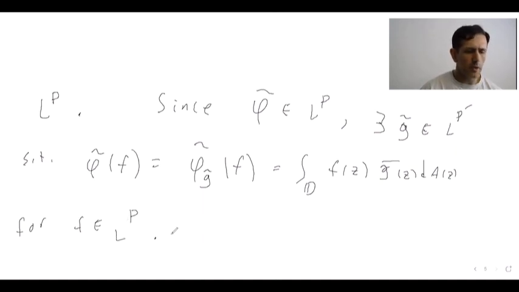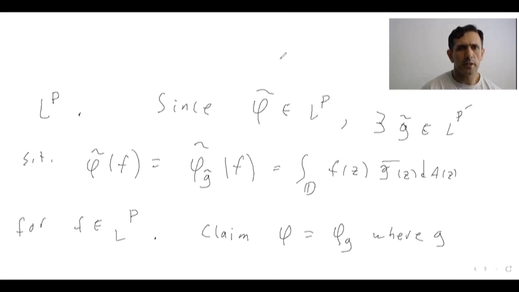Okay, so I claim that my original bounded linear functional is given by phi g, where g is this perfectly nice holomorphic function defined as you take the Bergman projection and apply it to G tilde.